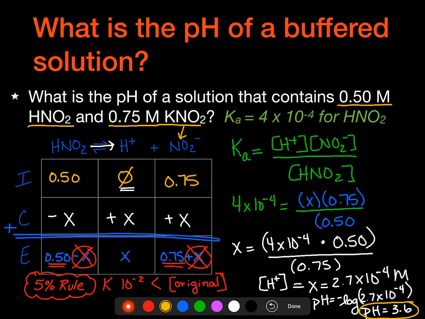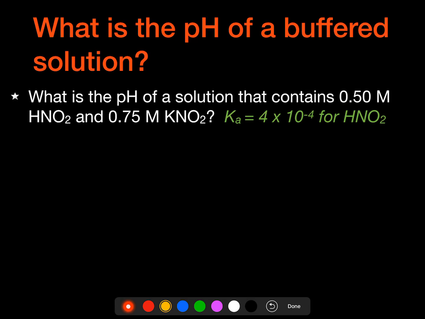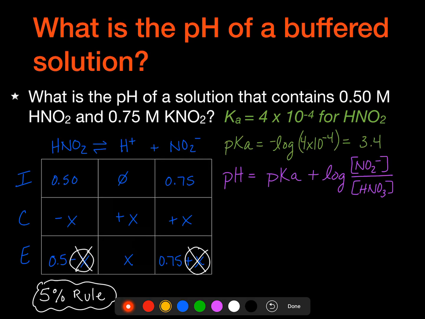Okay, so that is our value for pH. There's a second way to actually solve this same equation, and that is using the Henderson-Hasselbalch equation. So I've done up some of the work that we already had. So what I wanted to do is get what my pKa is. So here I went ahead and solved for pKa, which was 3.4. Okay. And then I'm going to plug that into the Henderson-Hasselbalch equation.